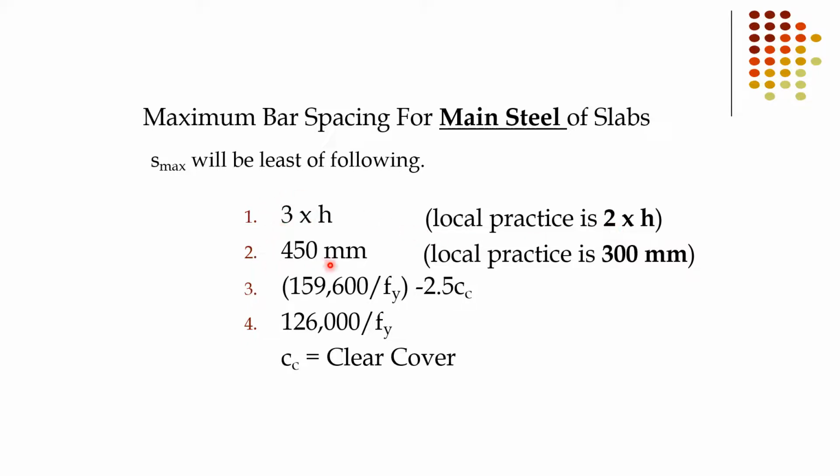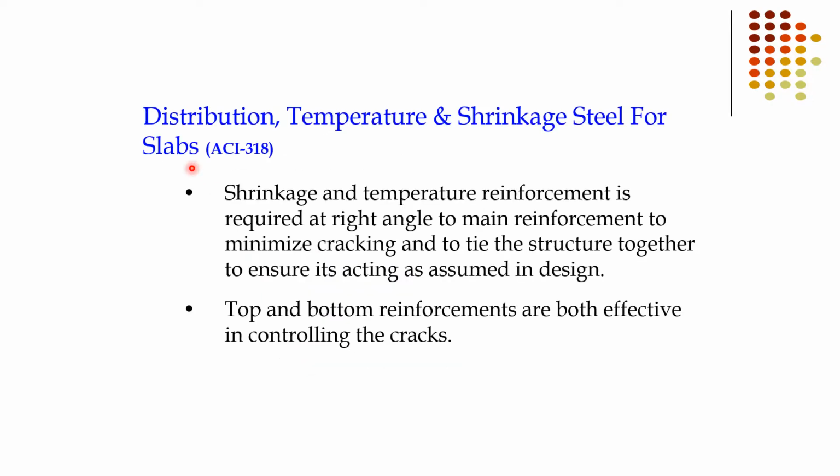The second is 450 millimeter, but local practice and the author recommend 300 millimeter. The third criterion in the code is 159,600 divided by Fy, minus 2.5 Cc, where Cc is clear cover. Fourth one, 126,000 divided by Fy. Then we will calculate the 4 values. The minimum of the 4 values will be the S max.